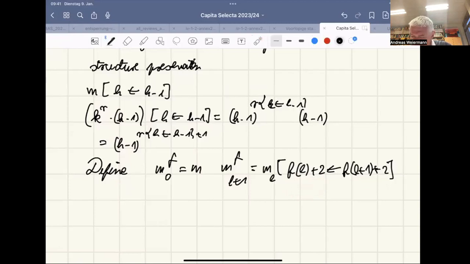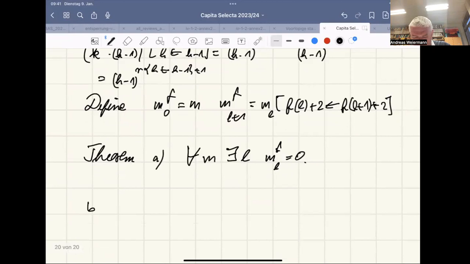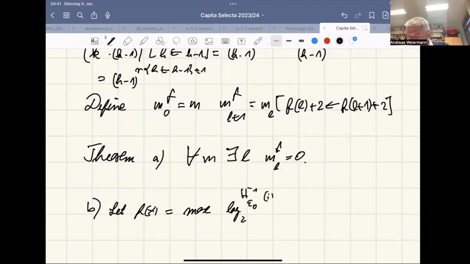And then we have the following theorem. Namely, A: for every m, there exists an L such that M_F(L) hits 0. That's fine. B: let f of x be the following function. Now I make the function log 2 of h epsilon 0 inverse of I a monotone function.